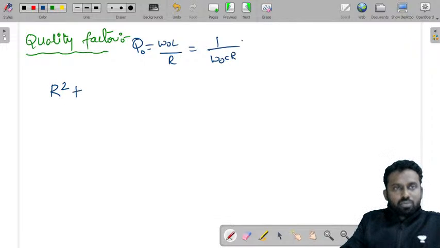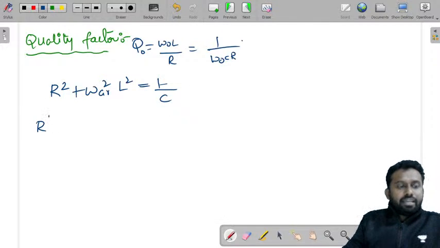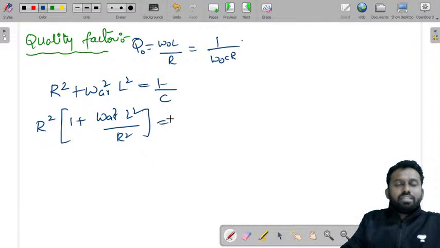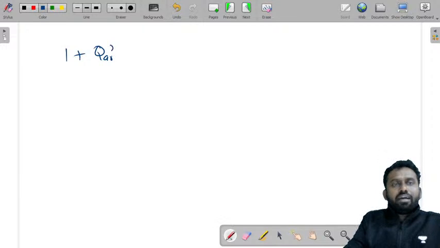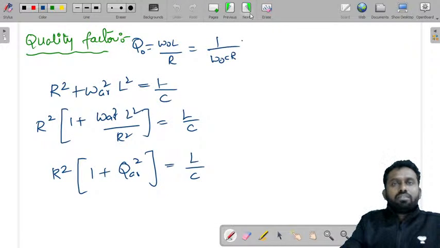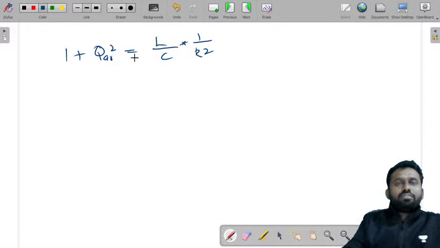So R square plus omega_ar square L square is equal to L by C. You can write R square common and write 1 plus omega square L square by R square is equal to L by C, or R square into 1 plus Q_ar square is equal to L by C. So just write it down as 1 plus Q_ar square is equal to L by C into 1 by R square.